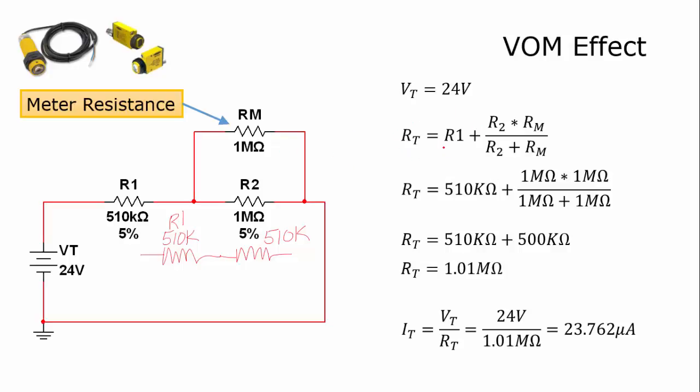Total resistance, though, is now R1 plus the parallel value of R2 in parallel with R meter. I'm using the product over sum method here. When I have two resistors in parallel, I can easily do product over sum. Doing the mathematics, RT is going to equal 1.01 megaohms.